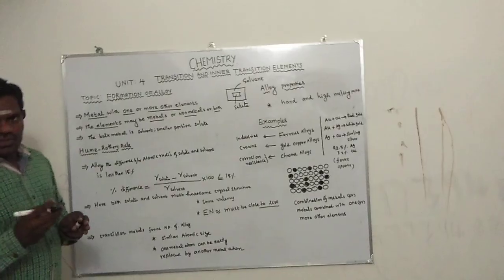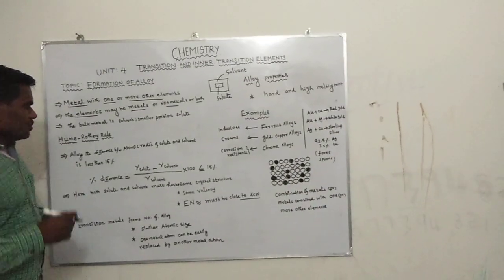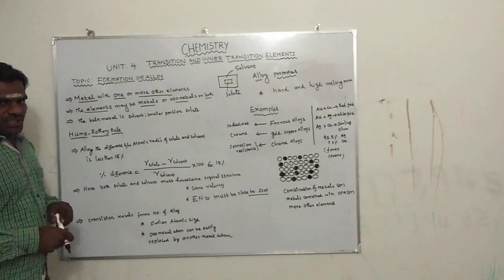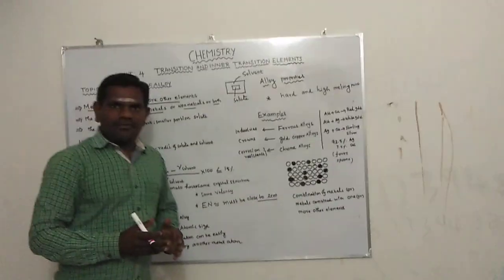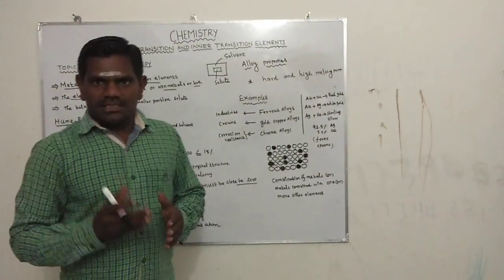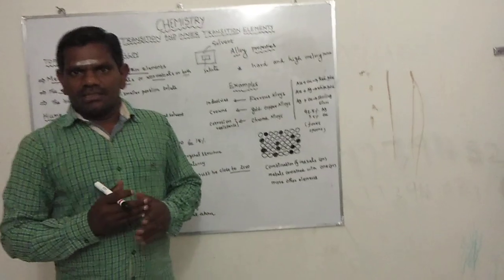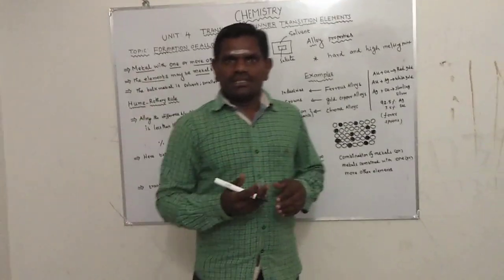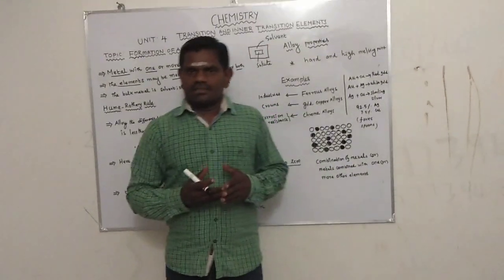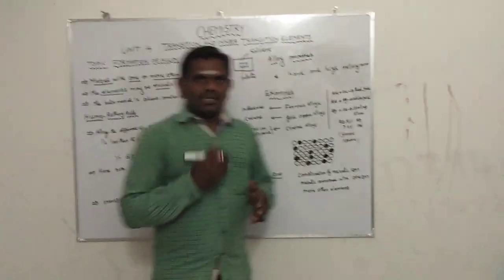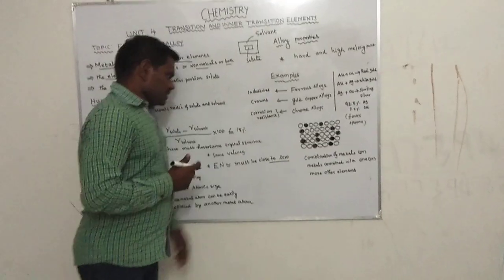Here is the Hume-Rothery rule. According to the rule, the difference between the atomic radii of the elements in an alloy is less than 15%.